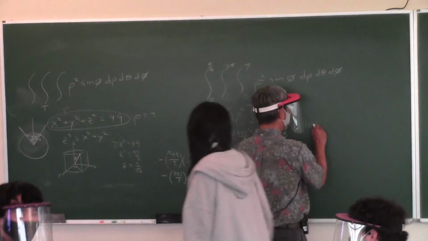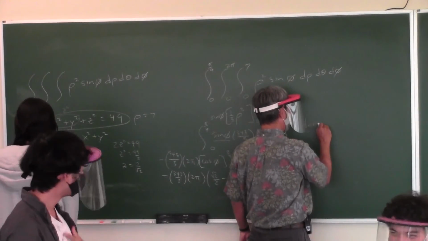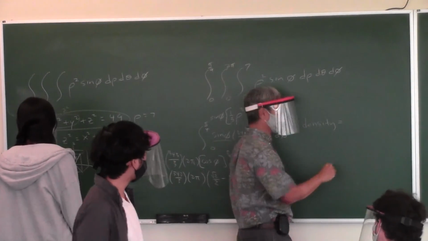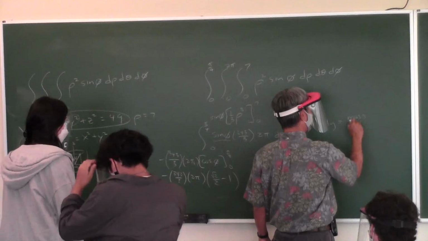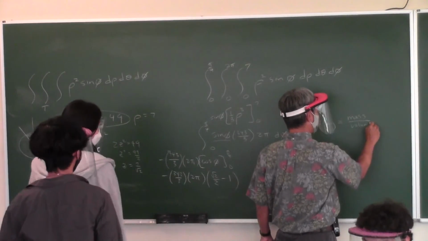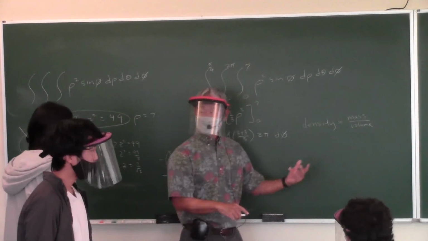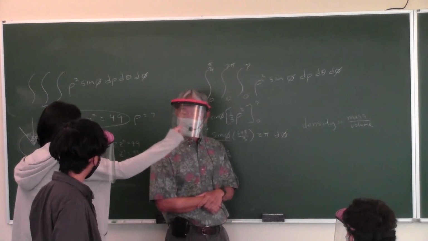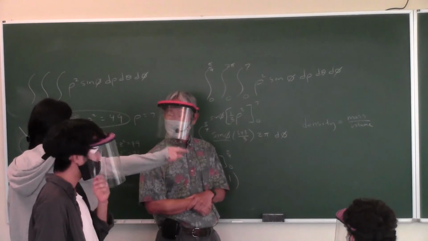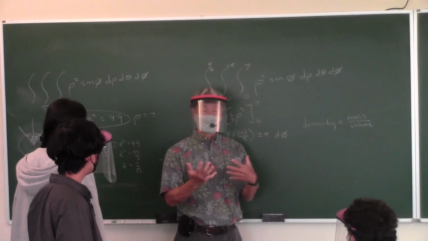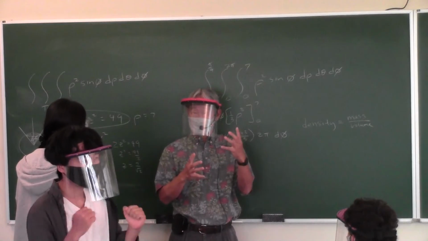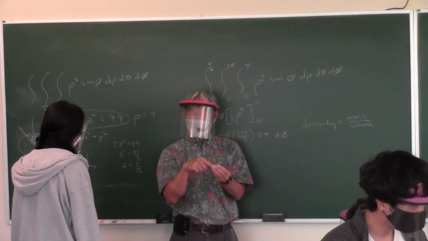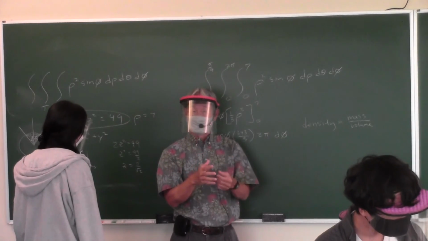So wait, density is equal to mass over volume. Yes. Mass over volume. So that's why mass is equal to volume times density then, right? No, but the integral thing, you did the ratio thing, and then the weird formulas. Yeah, because you have to read it, so it's like the distance from the outer shell, or it could be the distance from the origin, or it could be the distance from the z-axis. So, sit down.